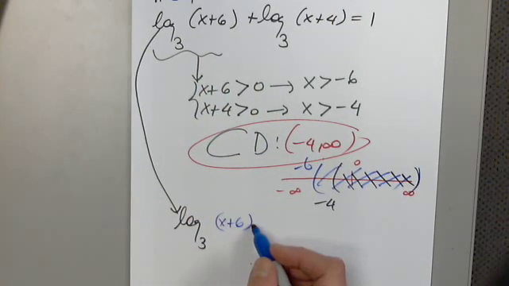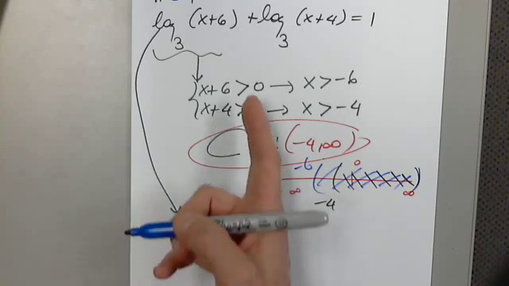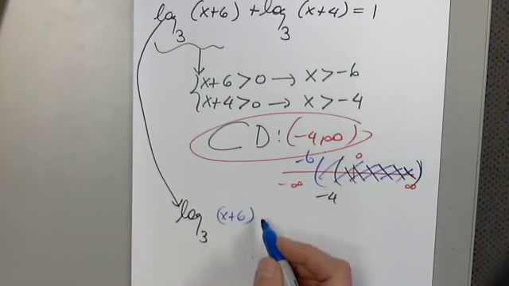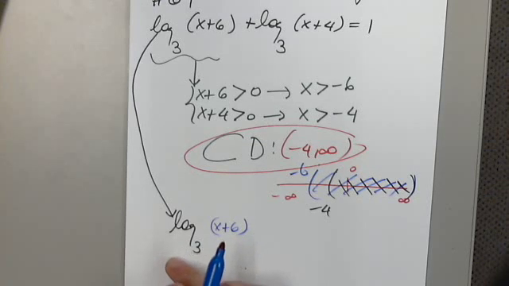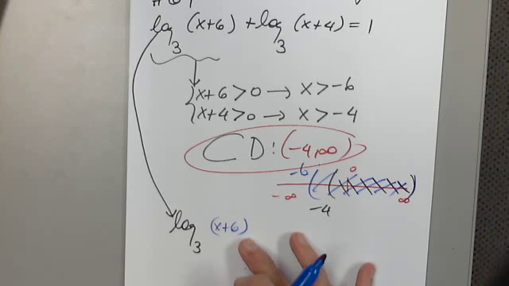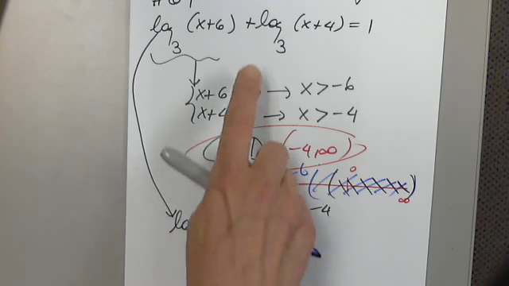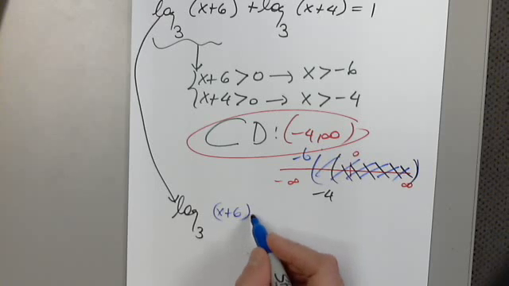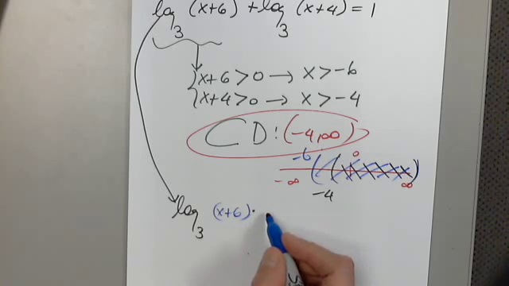It's the other side now. We don't have log applied to a sum. There is no rule for log applied to a sum. Log applied to a product is the sum of logs. X plus 6 times.